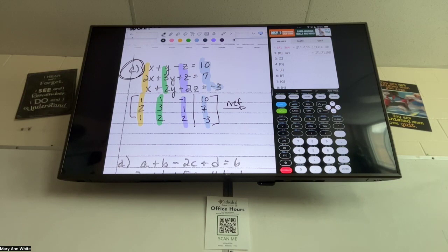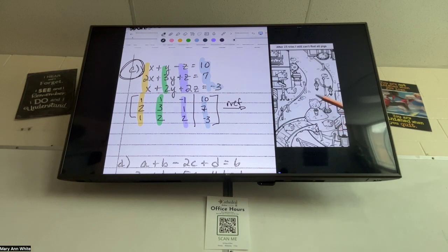Remember, REF and RREF, row echelon form and reduced row echelon form, are in the math column. So go to math and it's either B or A. I told you we could do B because that's the easier one. Then make sure to put your matrix in it. So your calculator should say RREF and then matrix A or whatever matrix you're on.